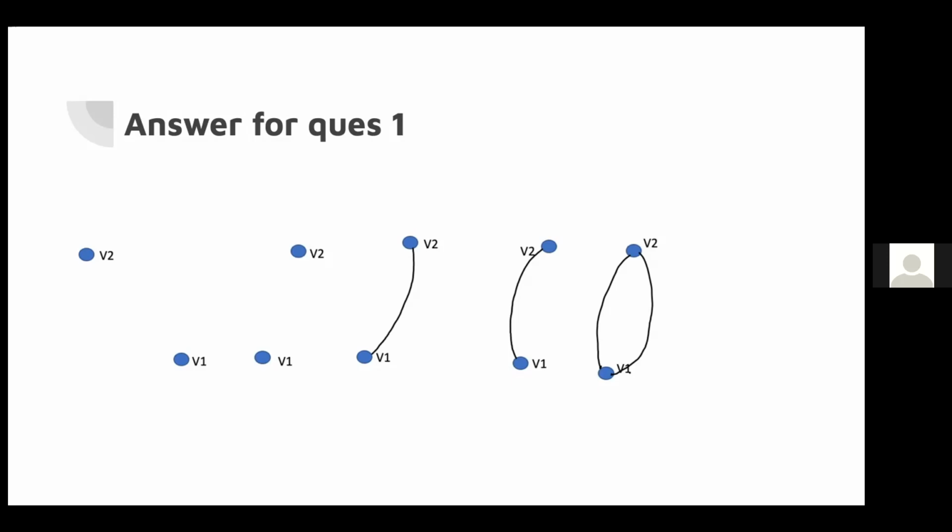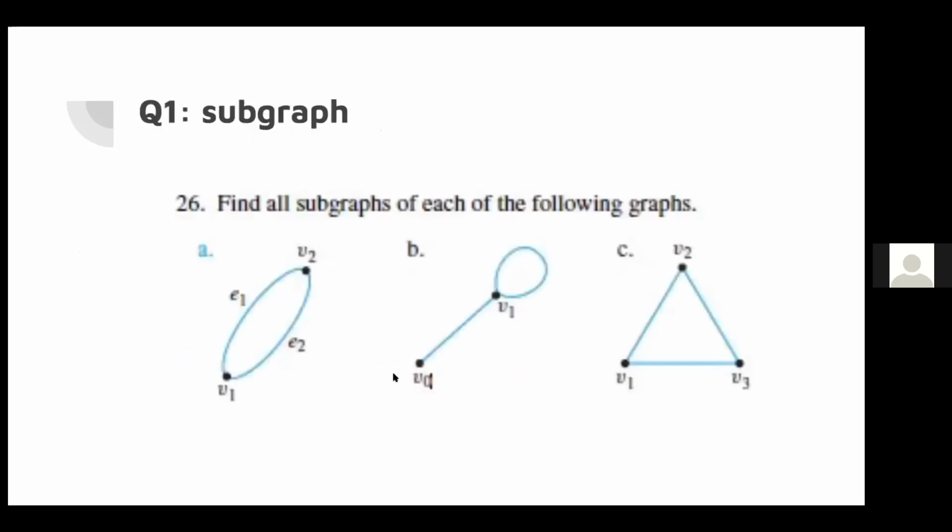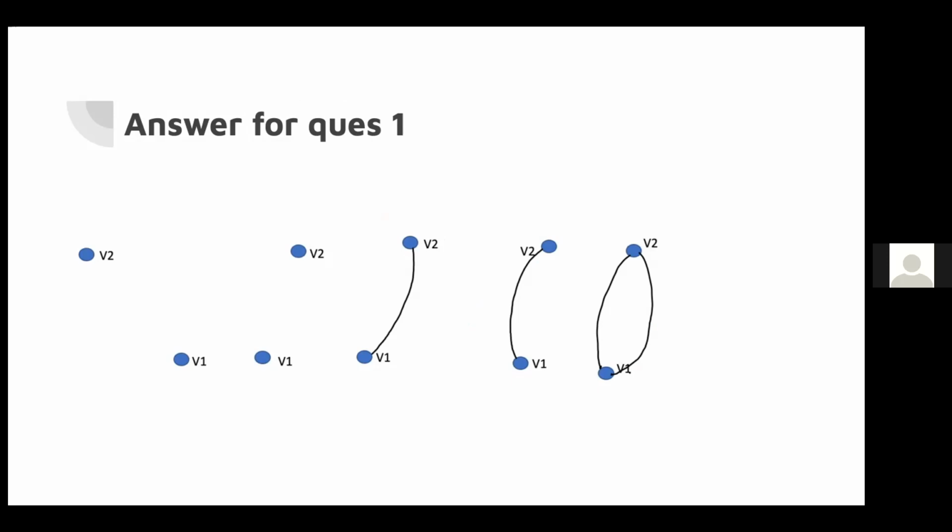Wait, can you go back to the question again? Can you go back to the answer now? I'm not sure why you got V2 and V1 when they don't have an edge connecting them. You don't need to have an edge as long as you have the vertex. Oh, this is a subgraph. Okay, I see.